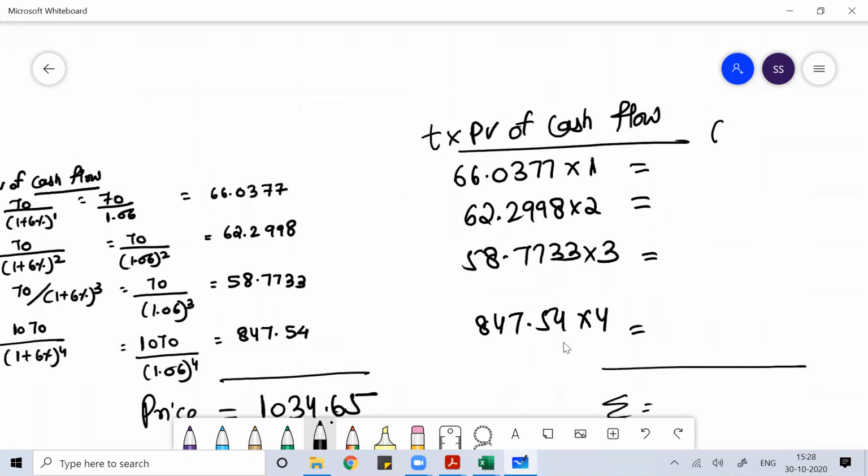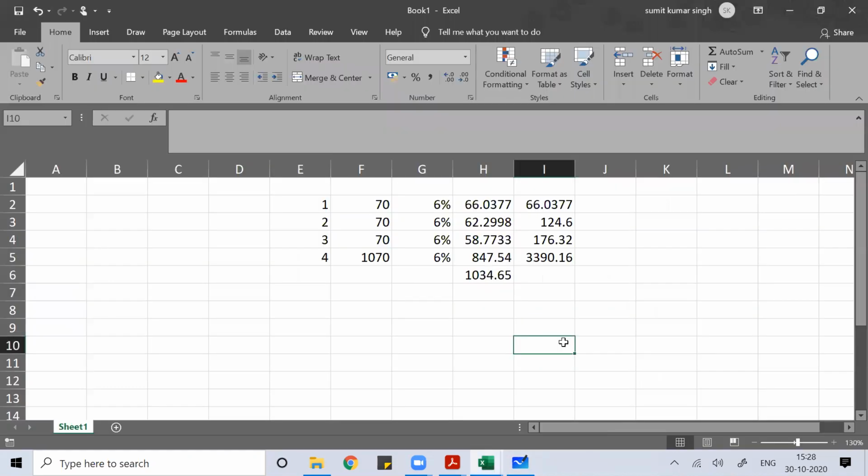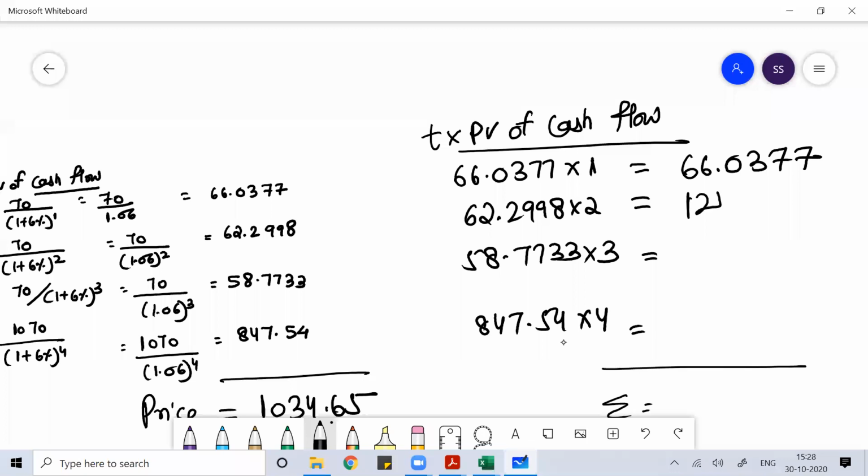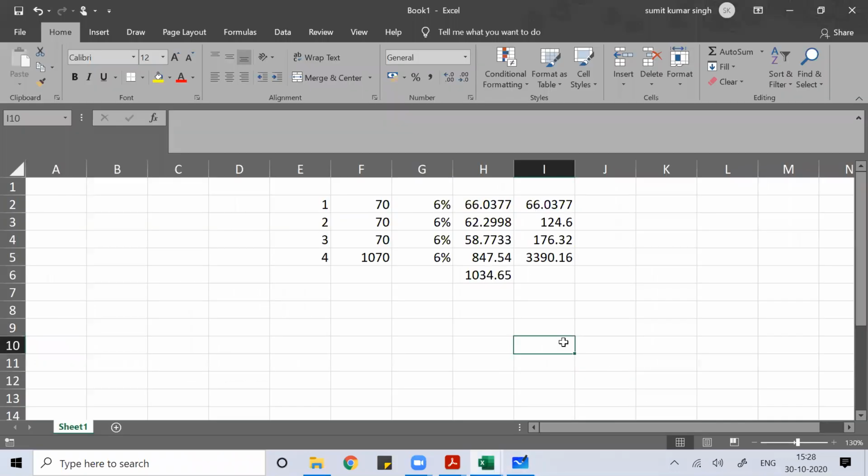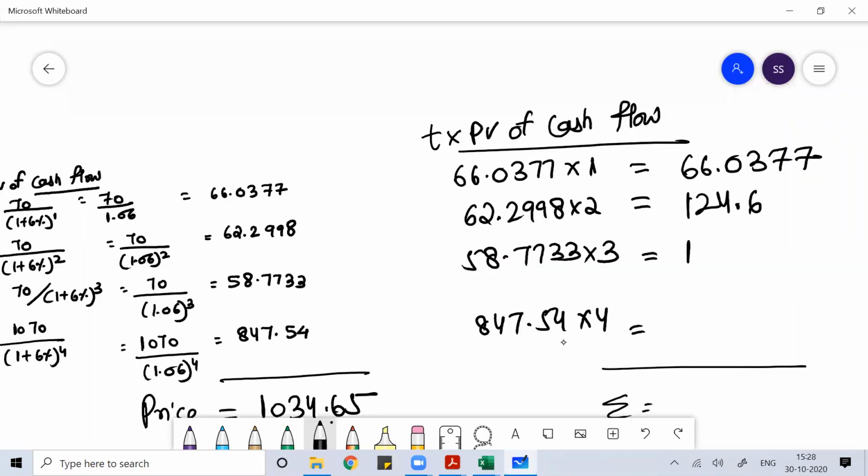This is 66.0377. Then this is 124.6. Then this is 176.32, and this is 3390.16.